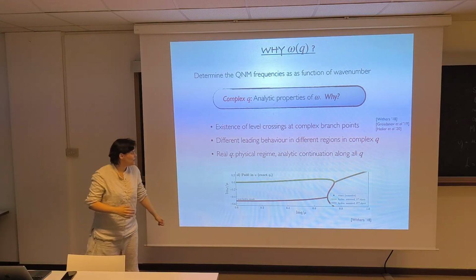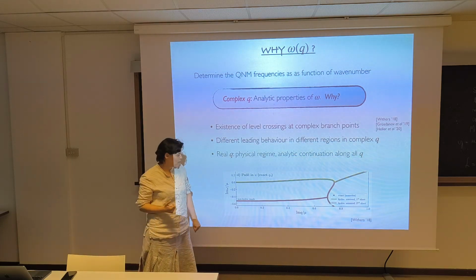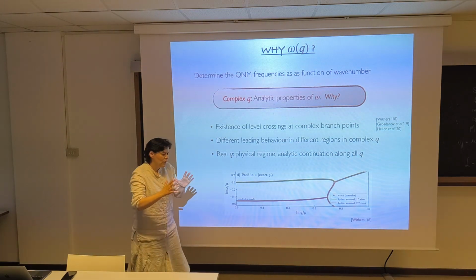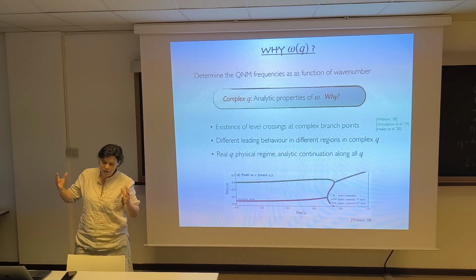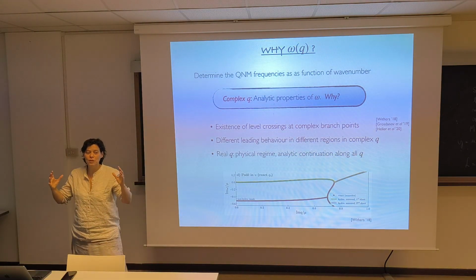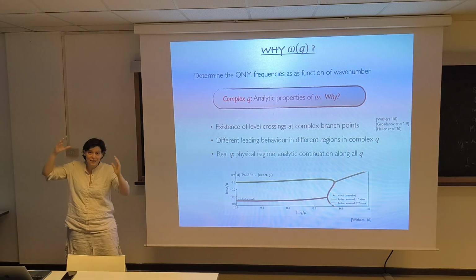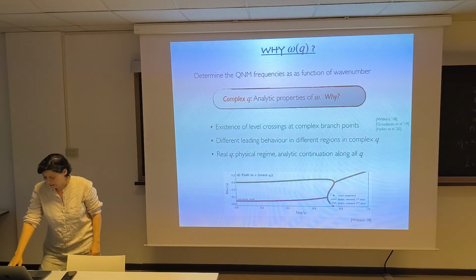And that is one of the reasons why it's interesting to actually keep complex Q. And again, even for real Q, it could happen that you still have what we're going to call Stokes phenomena or similar things, where something happens between infinity and zero, and it comes from the complex plane. So you might need extra information.